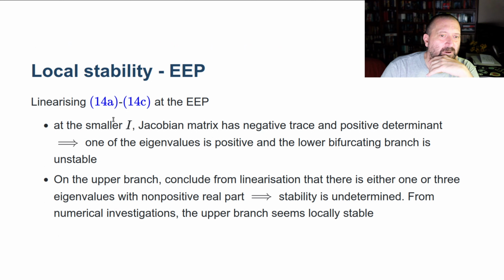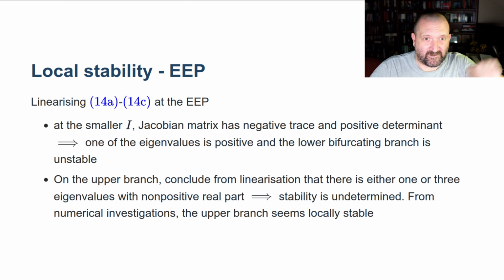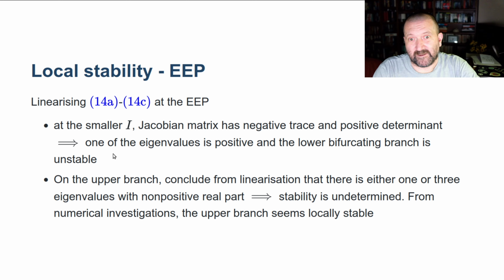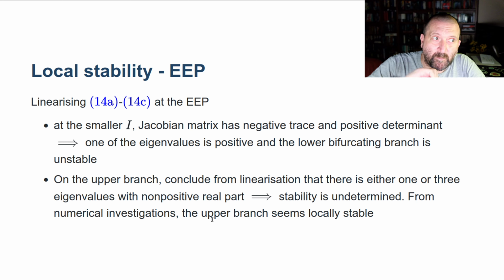Yes. So at the smaller I, so that's the smaller part of the bifurcation, the backward bifurcation, the Jacobian matrix has negative trace and positive determinant, so we have a positive eigenvalue. So that lower branch is unstable, and the upper branch is always locally stable.